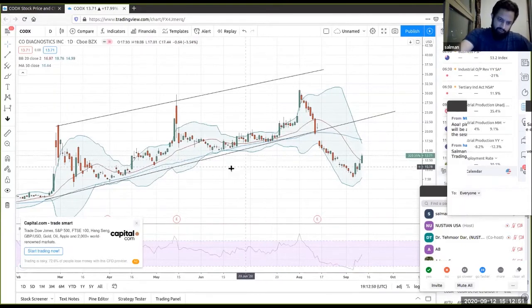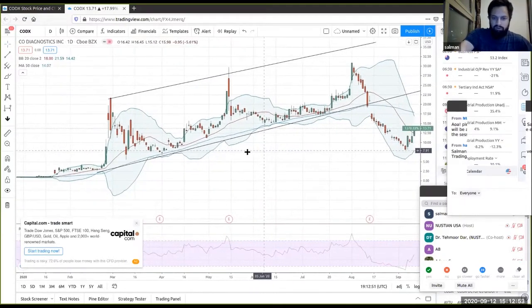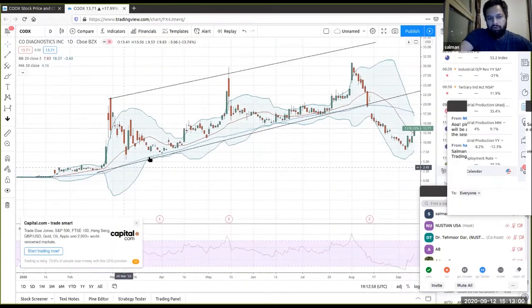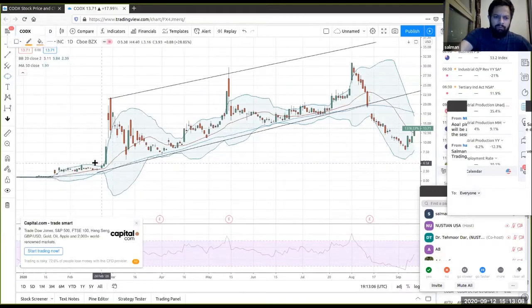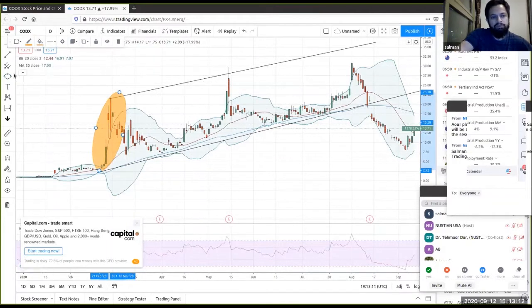But the important thing which we need to understand here is how to trade these, because what we would like to trade is something like this. This is a very nice bullish move, something like this.